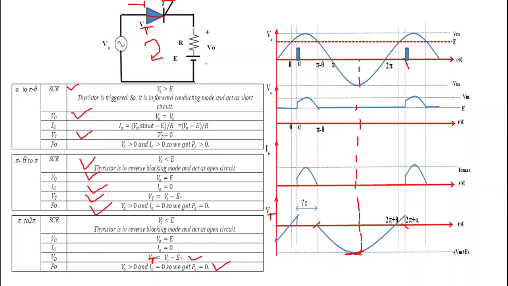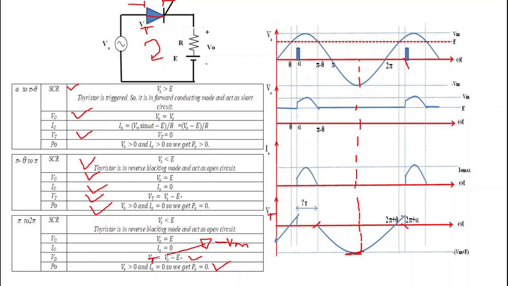We know that at omega t equal to 3 pi by 2, Vs will be equal to minus Vm. Okay, so when Vs is equal to minus Vm, then we get thyristor voltage equal to minus in bracket Vm plus E. That's why the maximum reverse voltage across the thyristor is equal to minus in bracket Vm plus E.